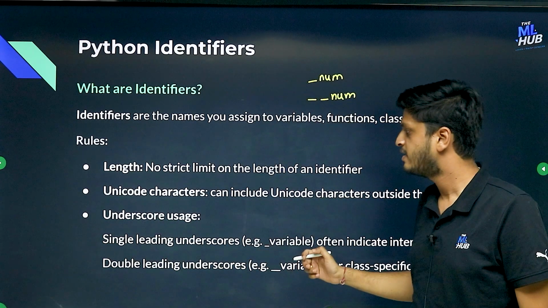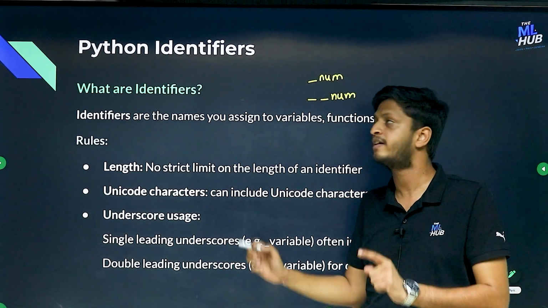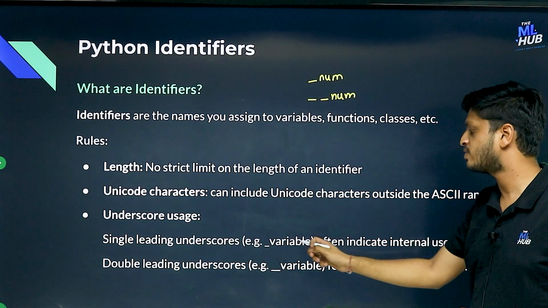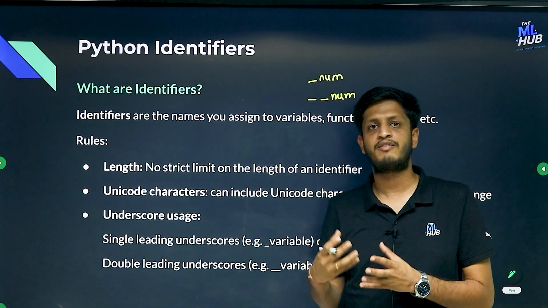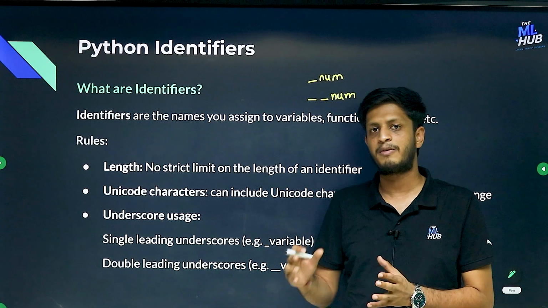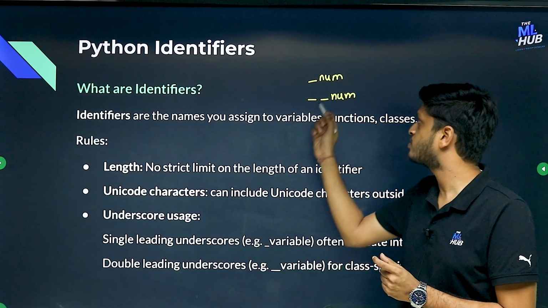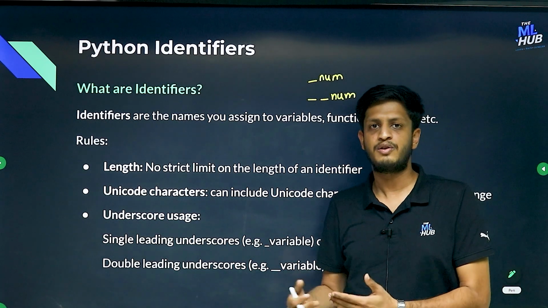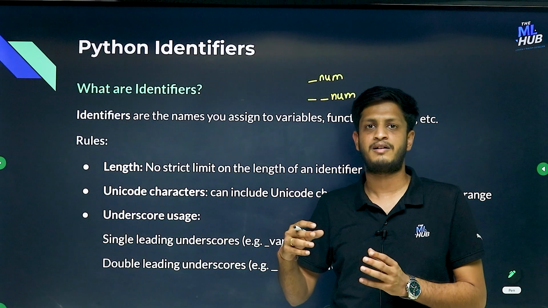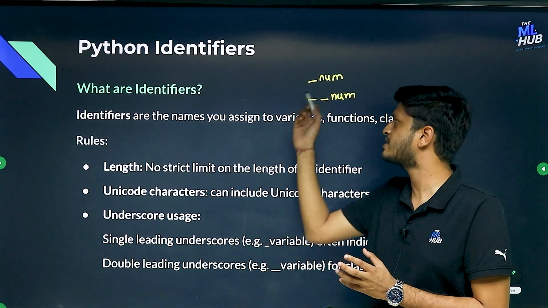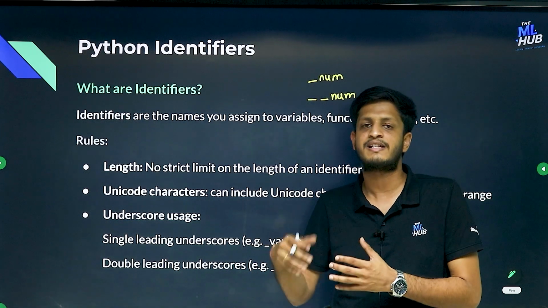So what are the use cases? A single leading underscore, if any identifier is starting with a single underscore like this, for example _variable, often indicates internal use. If you want to create a variable for internal usage, then you name the variable starting with a single leading underscore. So if you are importing a library, in a particular class there might be some variables starting with a single underscore, because they are used for internal usage inside that class or inside that library.